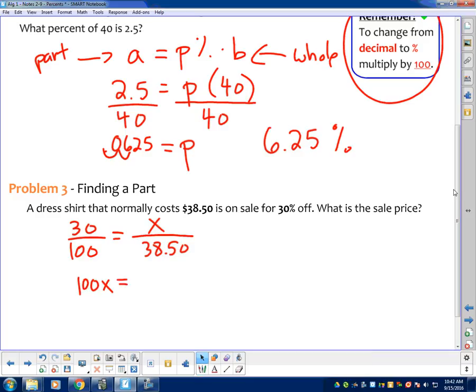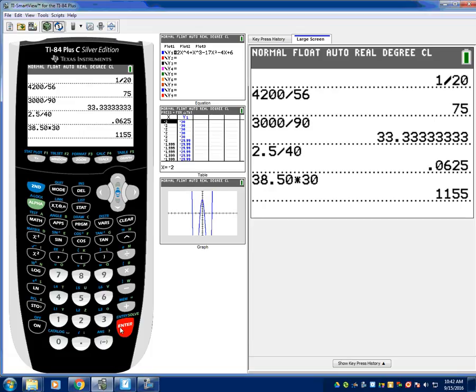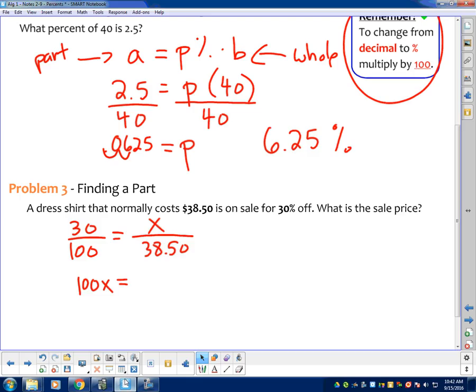I'm going to go to my calculator and do $38.50 times 30. So 38.50 times 30, and I get 1,155. Then divide each side by 100.